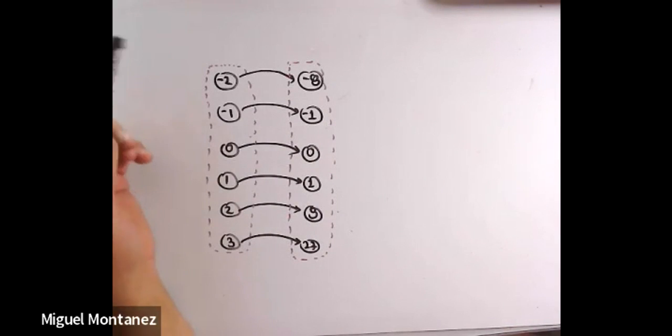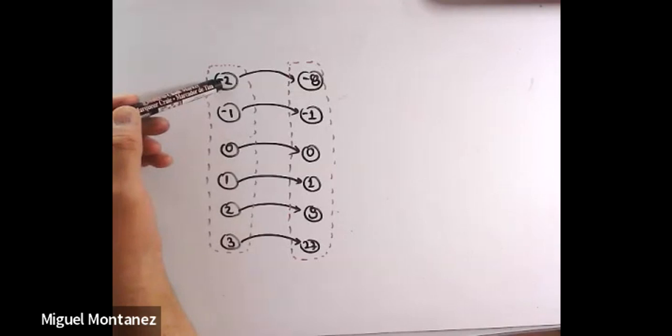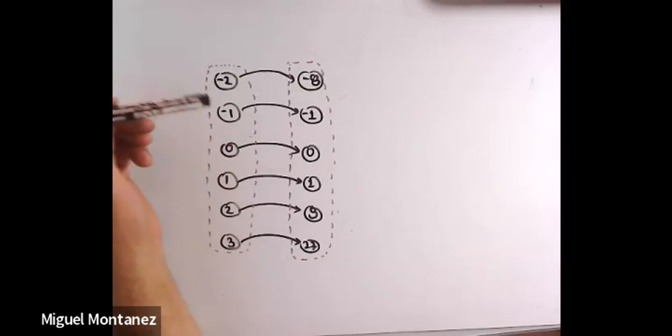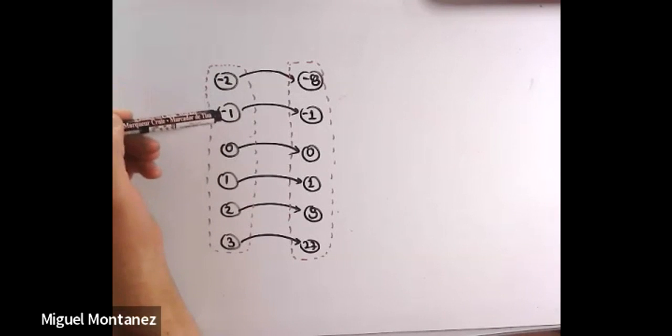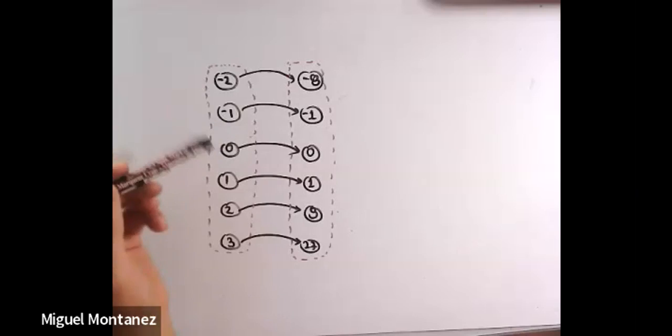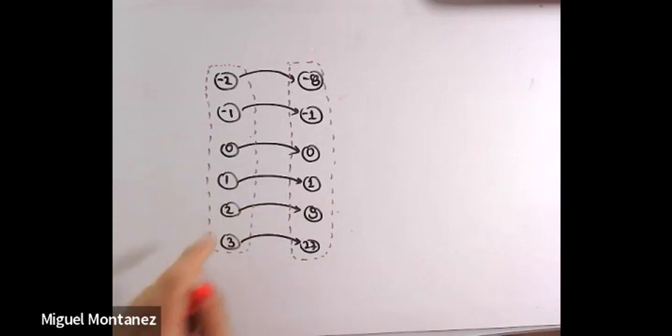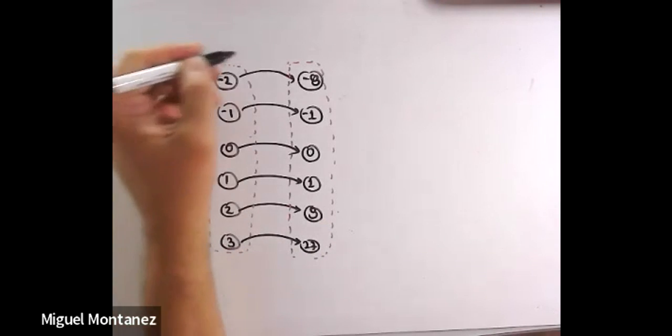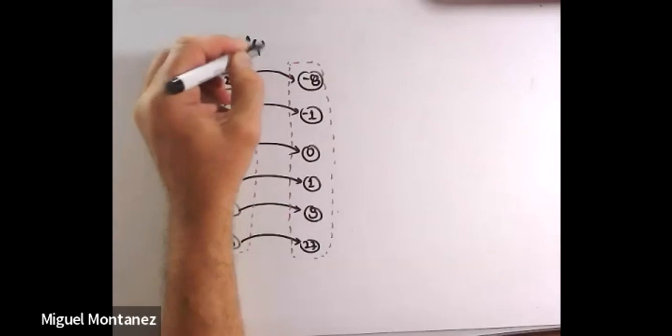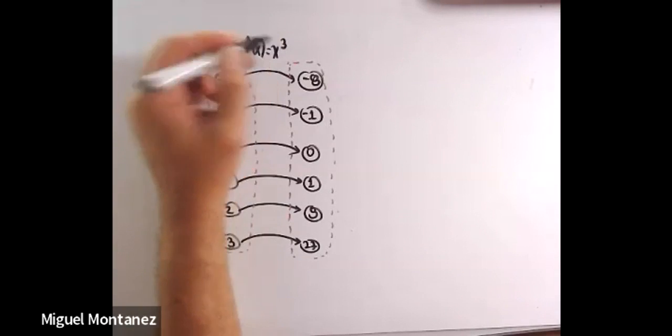Exploring the numbers, you can tell that what we're doing is cubing the numbers. -2 cubed will be -8, or multiply by itself 3 times. -1 cubed is -1, 0 to 0, cube of 1 is 1, cube of 2 is 8, the cube of 3 is 27. So what we're doing is f of x equals x cubed.